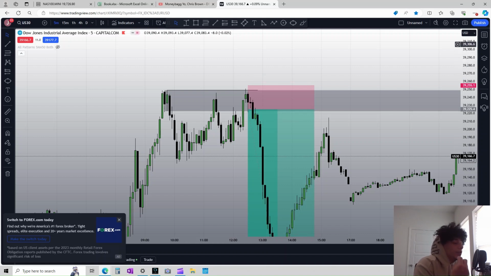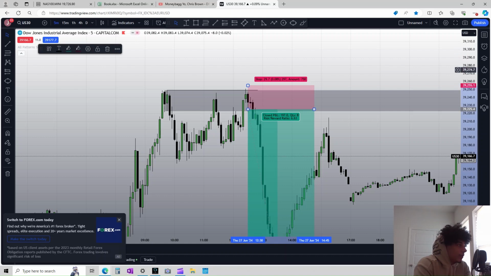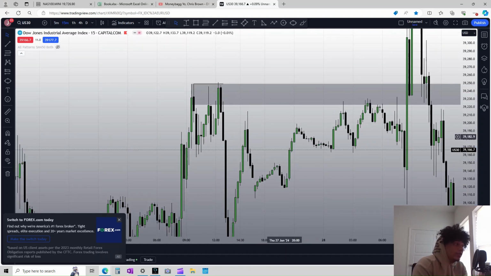Now, let's say you drop to that 15-minute instead. 15-minute time frame, like we said, every 15-minute candle is 3 candles in a 5-minute time frame. Okay, and as you can see here, boom, big bearish candle right after sweeping liquidity.